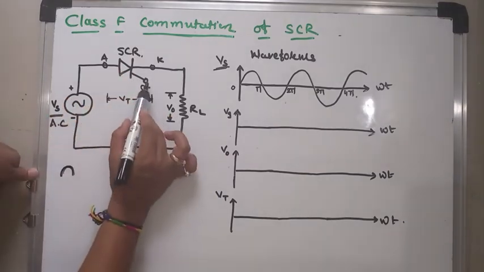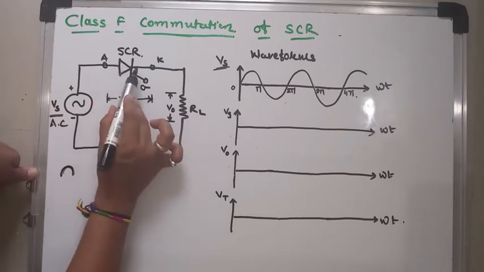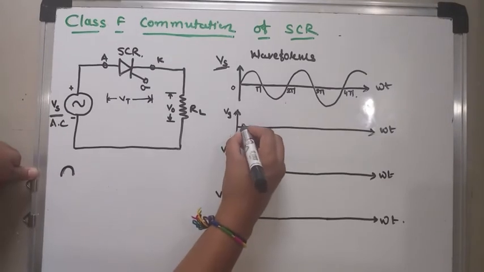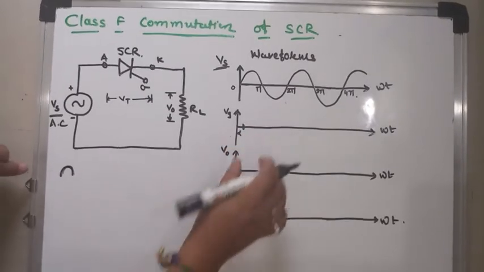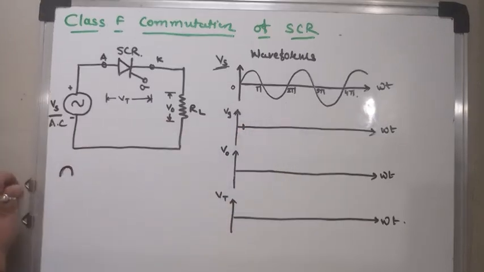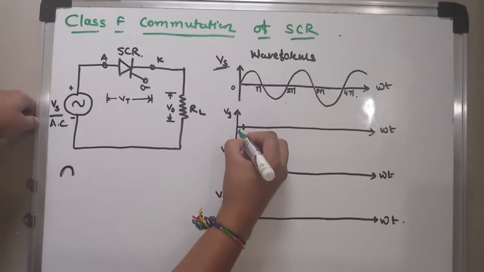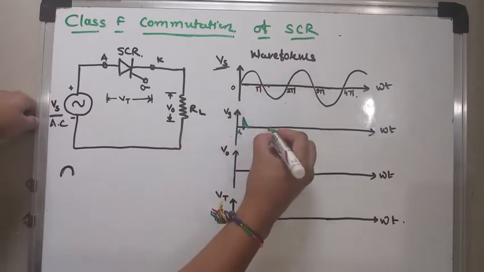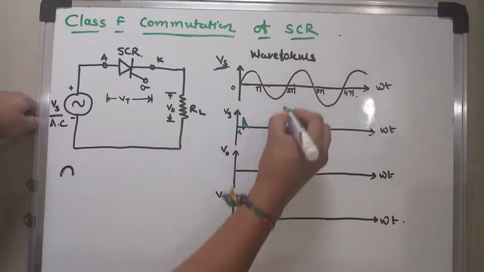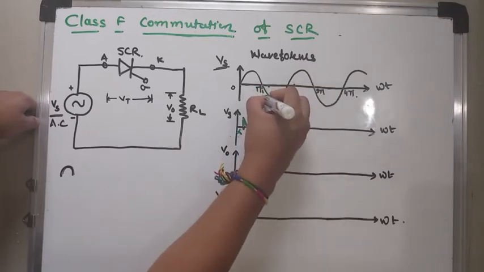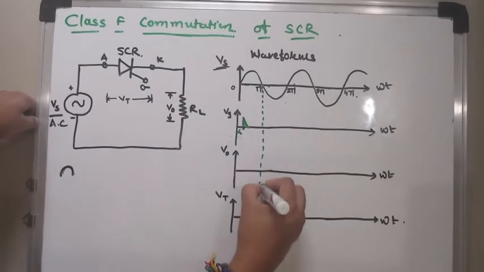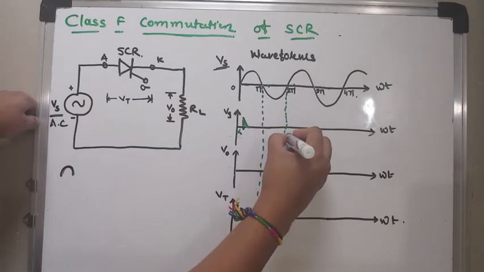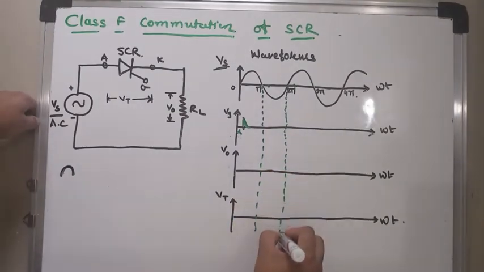Now when you give a gate pulse, the SCR is triggered by applying the gate pulse. If I say my firing angle is alpha, at an angle of alpha I am giving a gate pulse to the SCR.